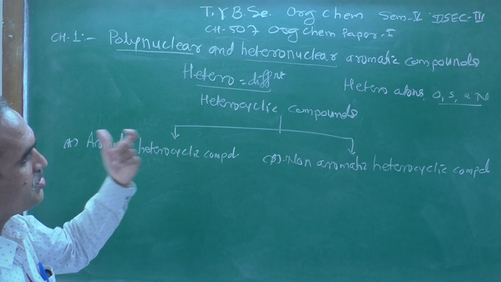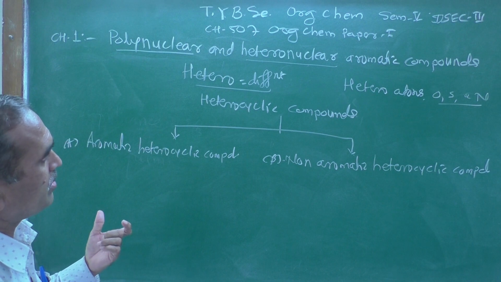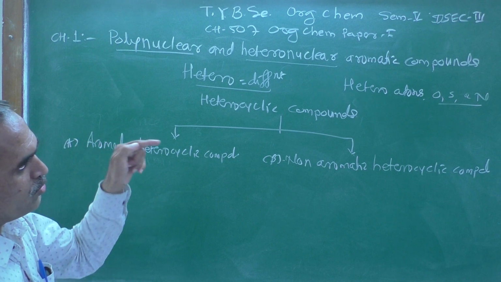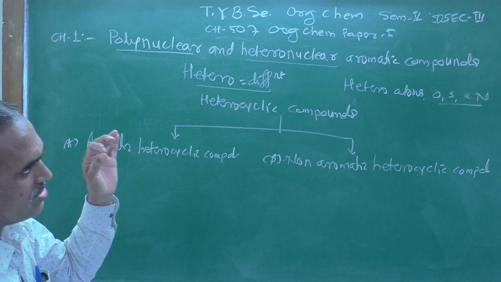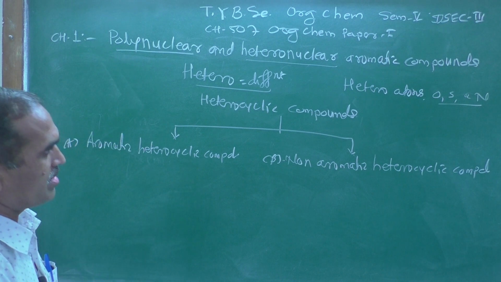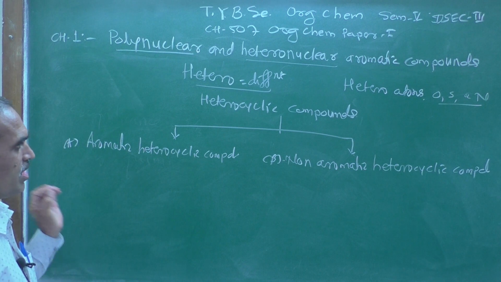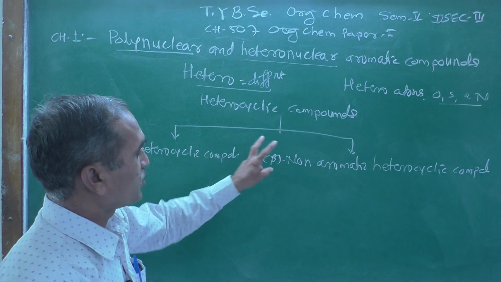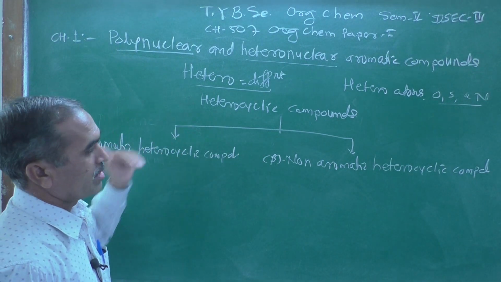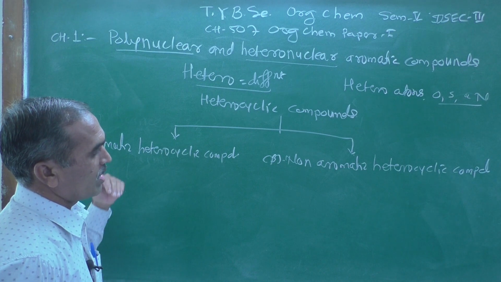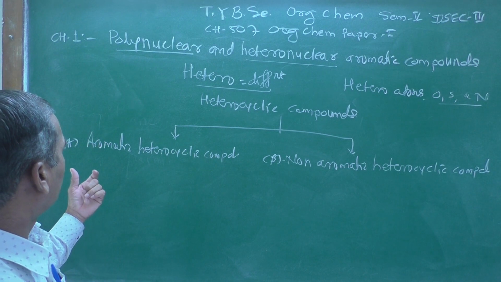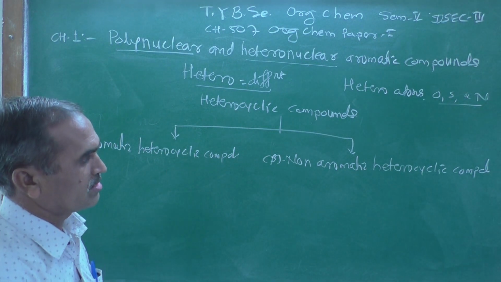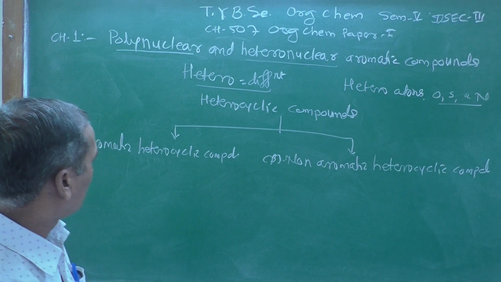In the cyclic structure, in addition to carbon, the heteroatoms such as oxygen, sulfur or nitrogen are present. That type of compounds are generally termed as a heterocyclic compound, and it is further divided into two classes: aromatic heterocyclic compound and non-aromatic heterocyclic compound.